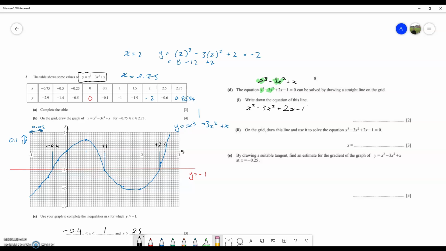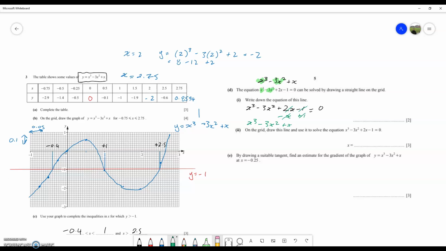Obviously we can leave the first two terms the same, but what we can do is change the 2x to an x, we can take away x, and to get rid of the minus 1, we can get rid of it by adding 1. So that leaves us with the new function being x to the power of 3 minus 3x squared plus x, and they cancel out.